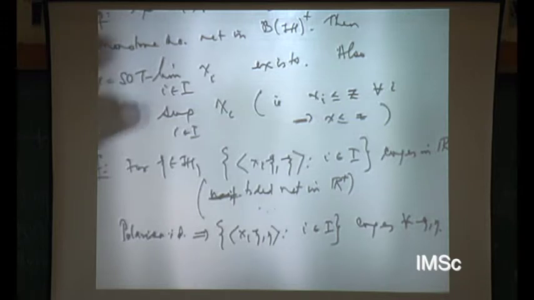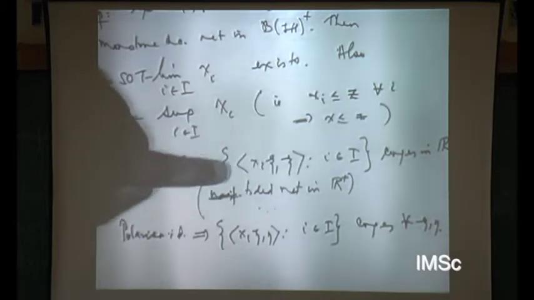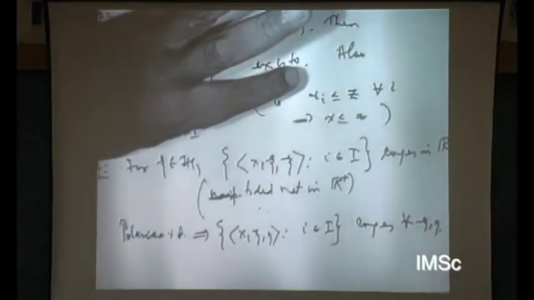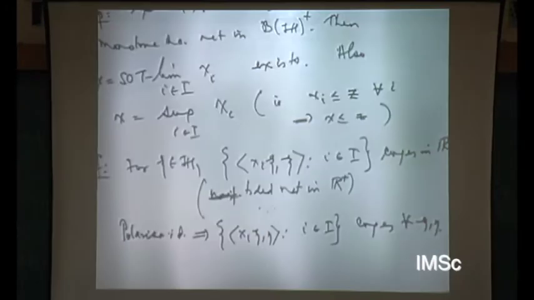Because you write this as a linear combination of quadratic forms, and the quadratic form at each vector converges. So it must converge at xi plus eta, xi minus eta, xi plus i eta, xi minus i eta. And so you take an appropriate combination of those limits, then you will find the limit of this net.